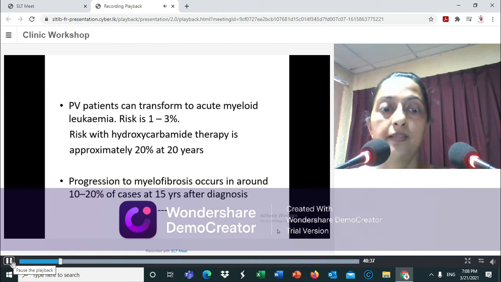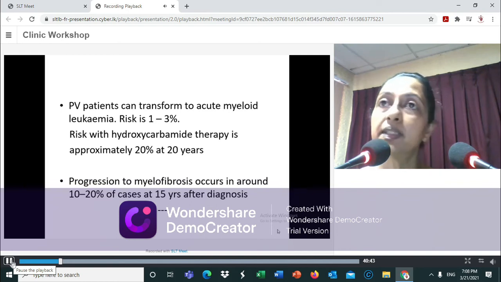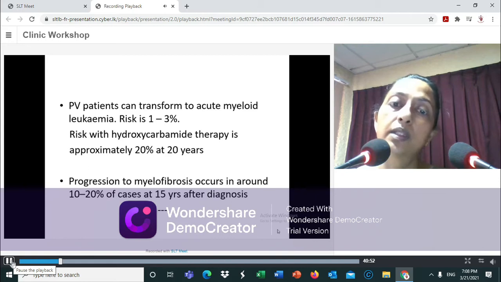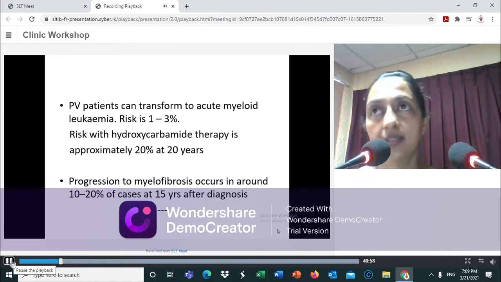Then progression to myelofibrosis occurs in around 10 to 20% of cases at 15 years after diagnosis. Right? So these are the two complications. These will not come within 1 or 2 years. Long-standing polycythemia vera can end up with AML or myelofibrosis.